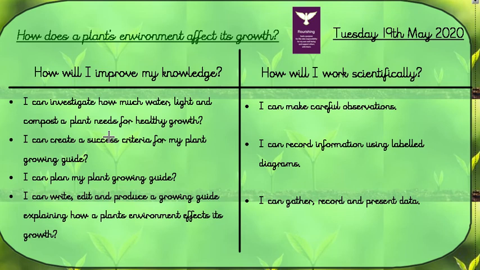So we've got to think about different types of plants. We've got to think about what we're going to give them: water, light, compost. We've got to think about the different environments that they might be able to grow in or they might not. So there's going to be lots of information on this. So to do that, we're going to create a success criteria to know what we need to include.